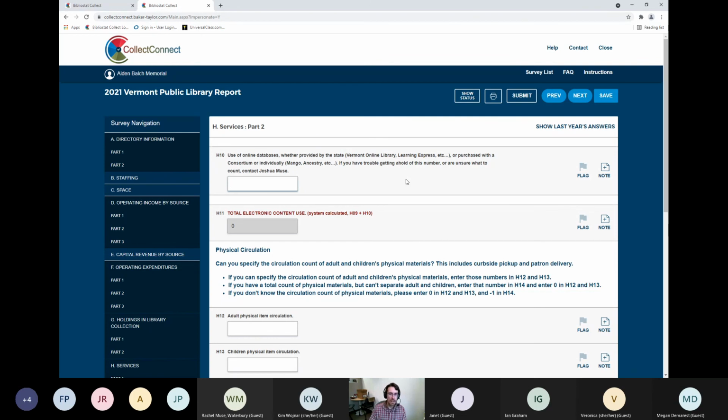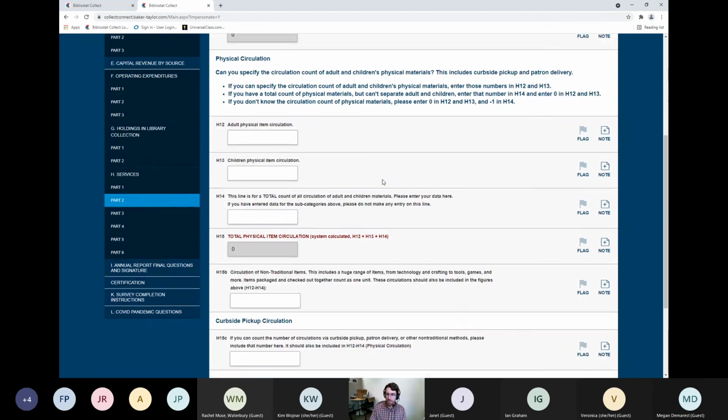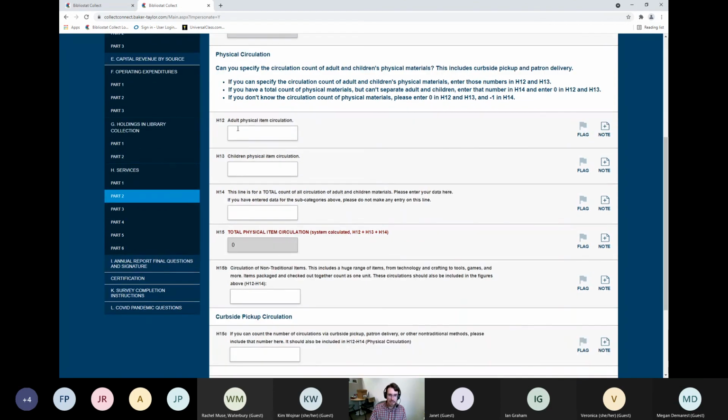Okay, next, physical circulation. This is adult physical items, children's physical items, or total of adult and children. This is how many times they got circulated.